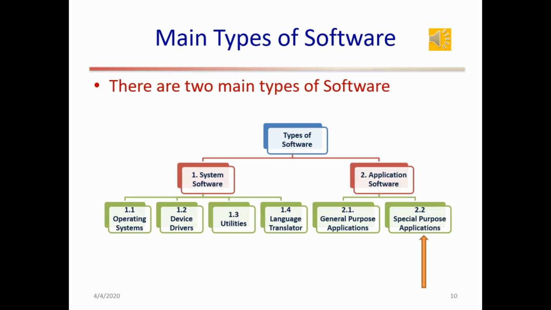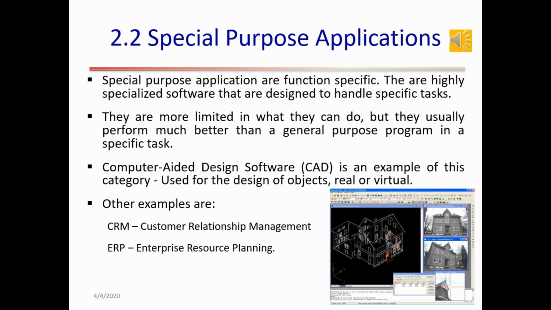The second type of application software is the special purpose applications. This type of programs are designed and developed to perform a very specific task for a specific user. They are usually used by specialists, like AutoCAD, which is an application developed specially for engineers to help them develop their designs.